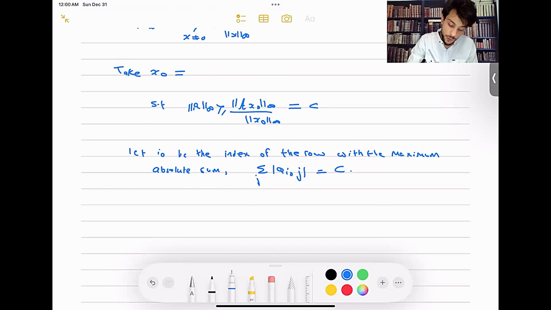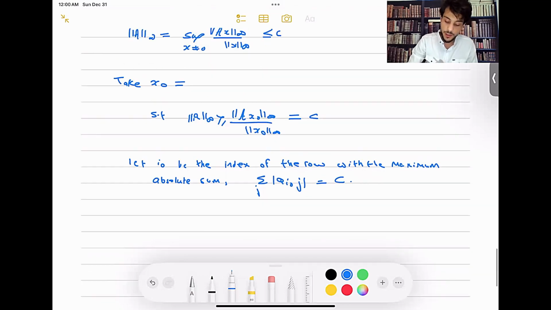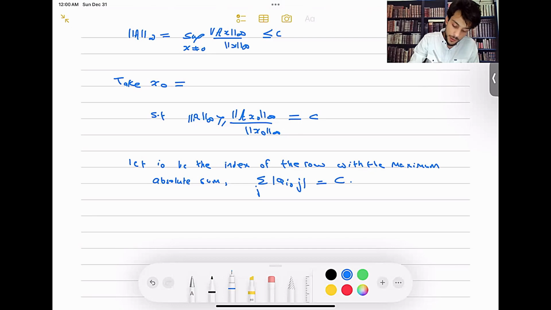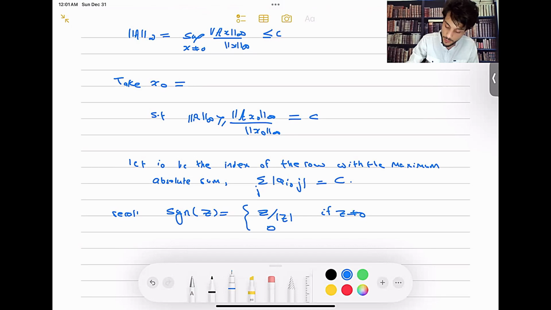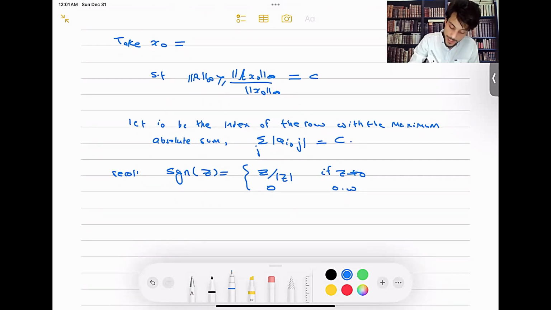Okay, and now before I tell you what the appropriate x0 here is, let me recall to you what the sign of a number is. The sign of a number is just itself divided by its absolute value when it's not 0, and it's 0 otherwise. Okay, and also recall that if we multiply a number by its sign, what do we get?